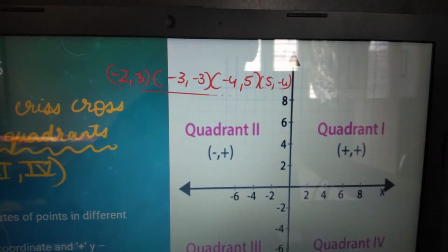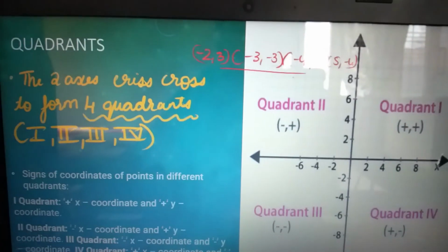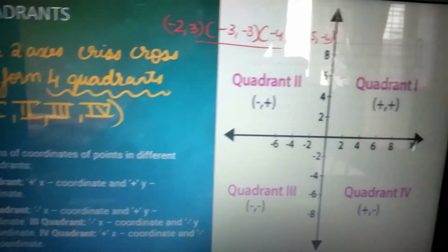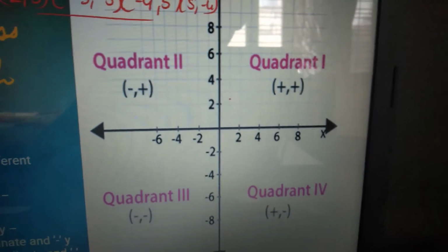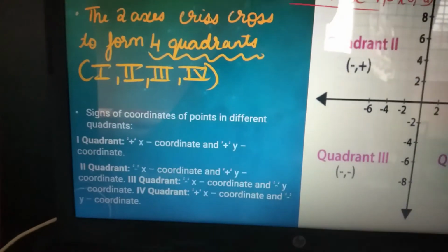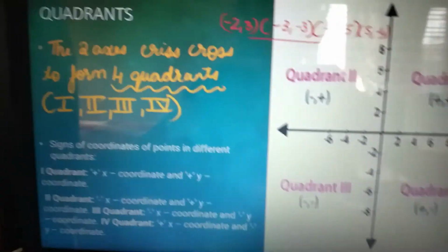Like this you can see so many coordinates. So we cannot represent all these coordinates in one particular quadrant, like quadrant 1 or quadrant 2 or quadrant 3 or quadrant 4.